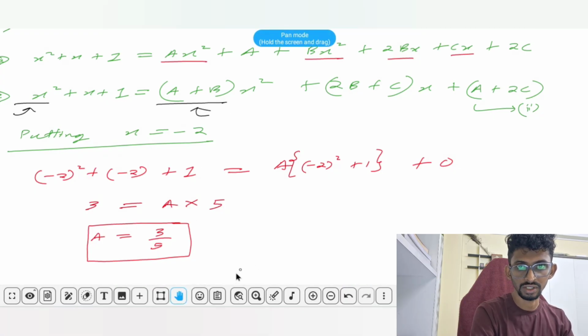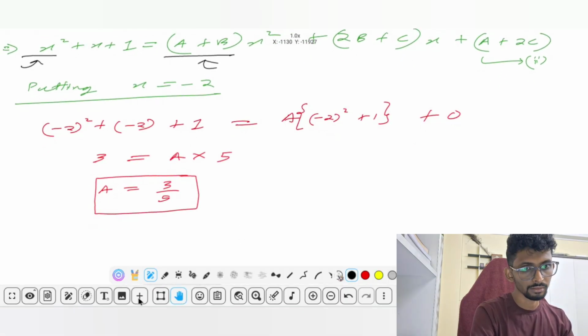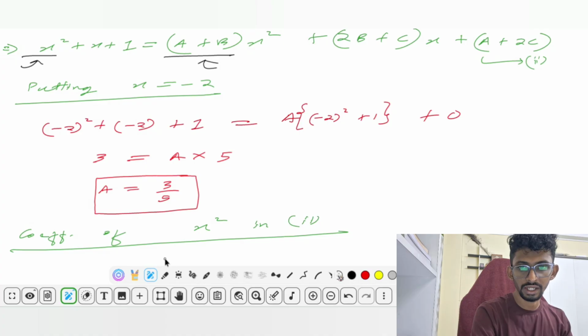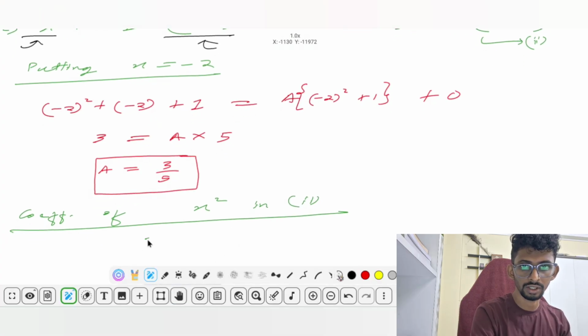We can write, equating the coefficient of x square in 2, we will get 1 as equal to a plus b.